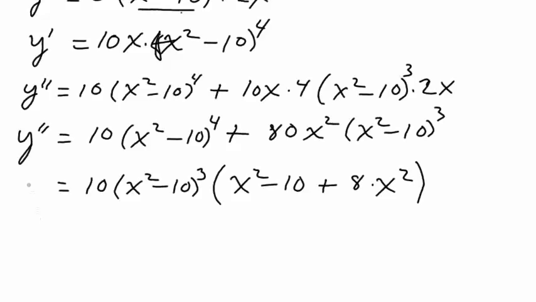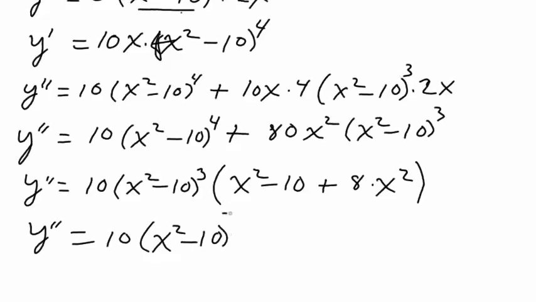And then, I guess we'll write y double prime again. I'm not sure if I actually do this in the final answer, but it's good exercise. X squared minus 10 raised to the third power. We have x squared, we have 8x squared, so that's going to be 9x squared minus 10. And we are done.